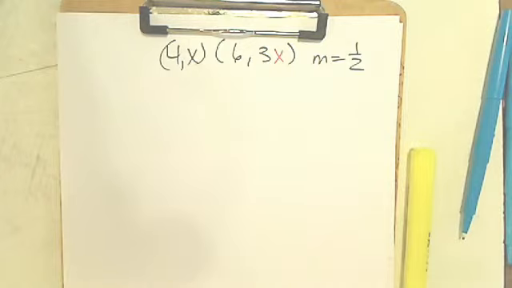Slope is 1/2. Label x1, y1, x2, y2. The coordinate plane has two x's. It's still x1, y1, x2, y2.